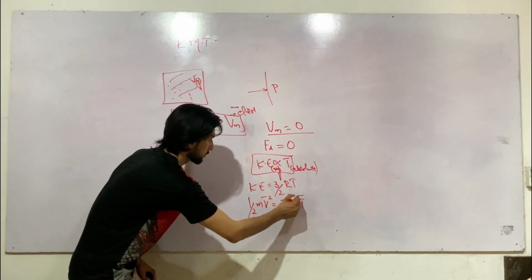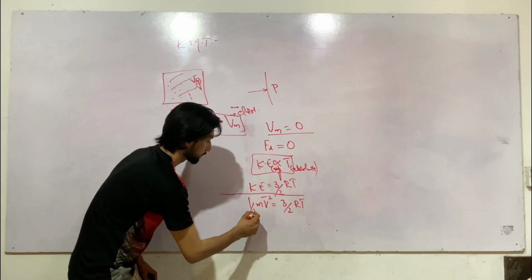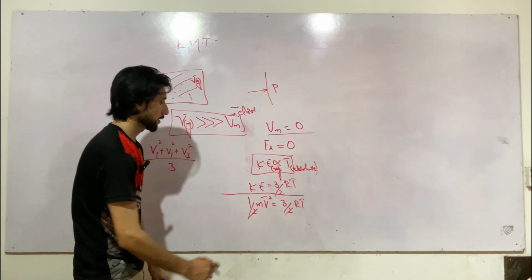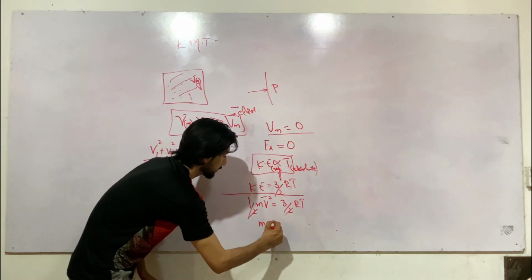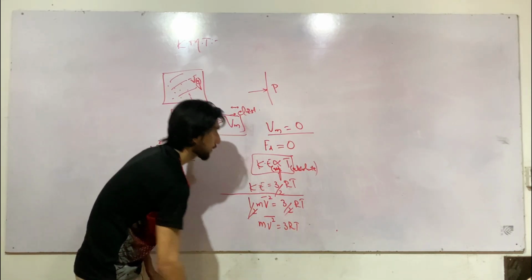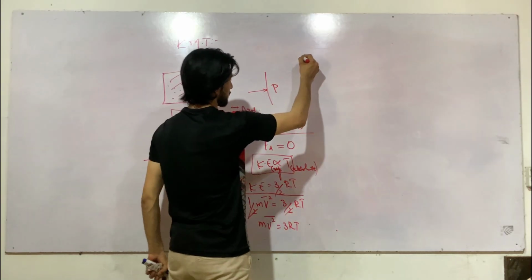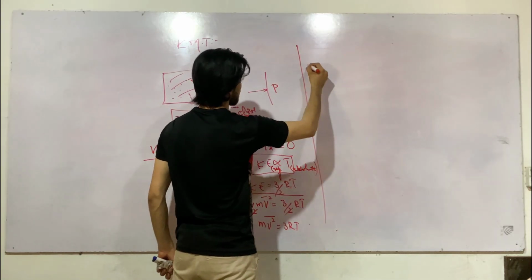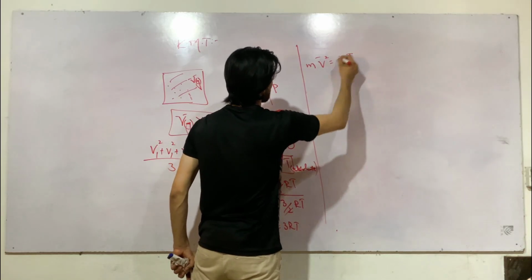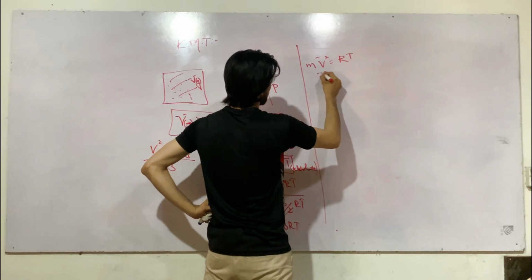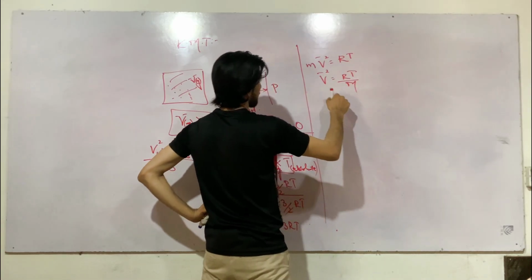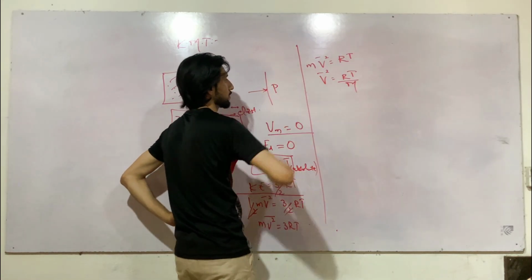Now you must look at this equation. Can 2 cancel with 2? Yes. So from the left side I can see m v bar squared is equal to 3RT. And now I can see that v bar squared equals 3RT over m, and this m is the molar mass of the gas.